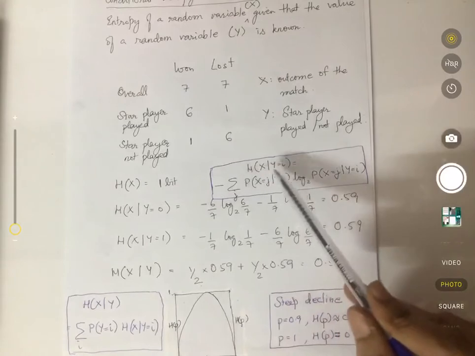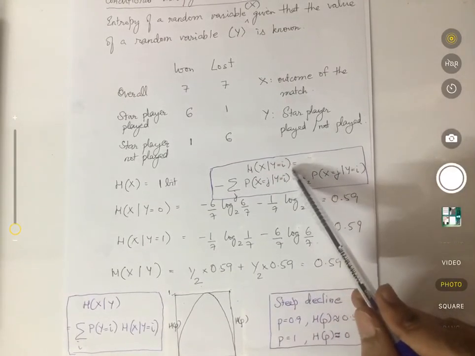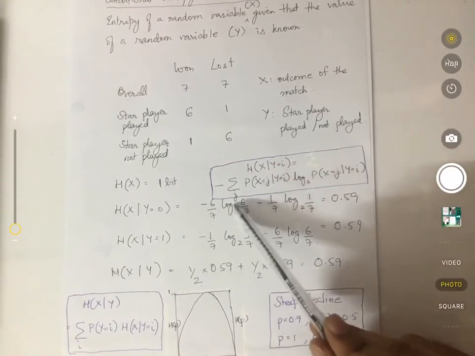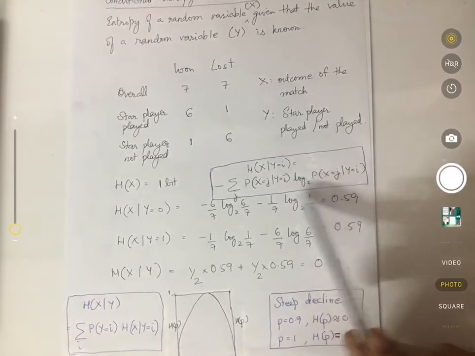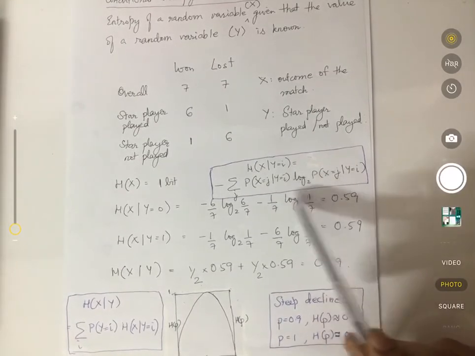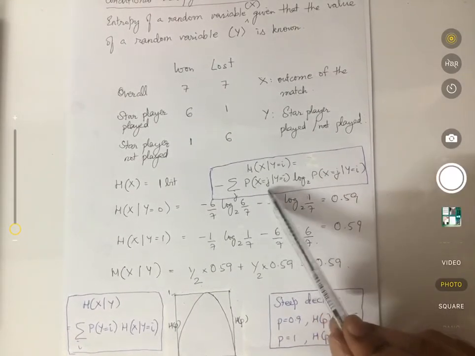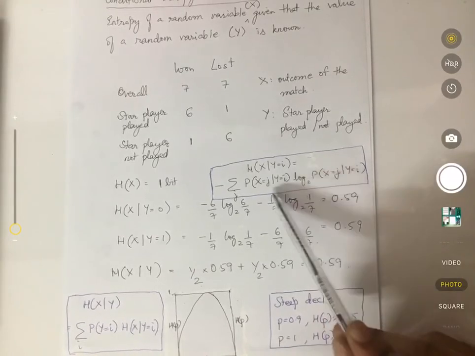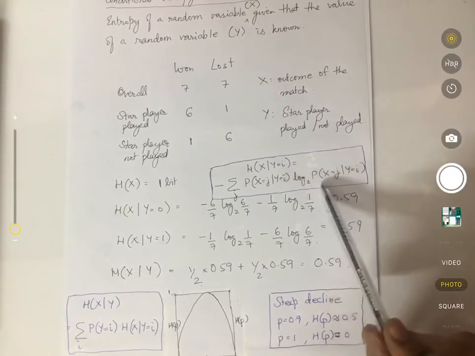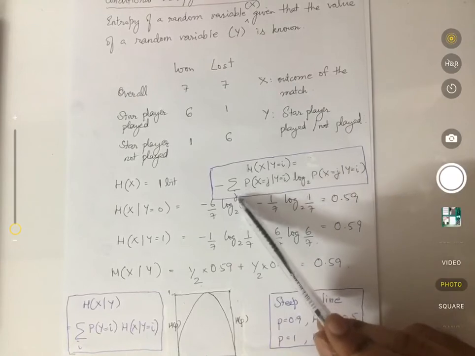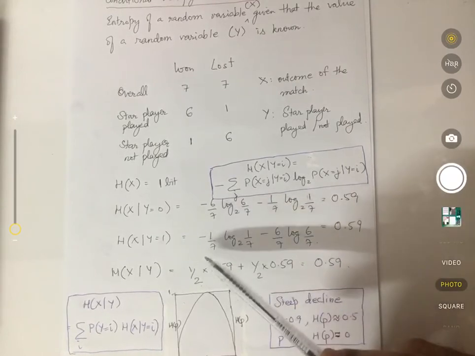So if you want the formula for H of X given Y equals i, then that's simply the sum of p log p, but the probability that you would take is conditional, under the condition that Y equals i, summing over all j, right?